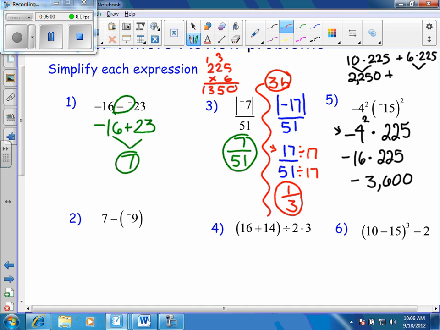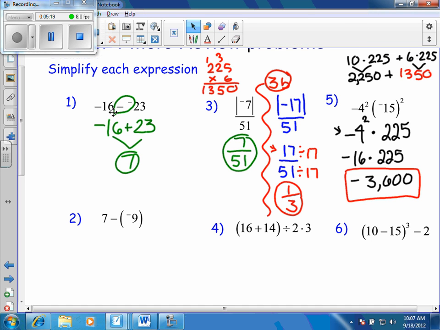That's 1350. And when we add those, I get the same answer. I agree with the answer. Do you guys see your mistakes? Okay. Good to check.